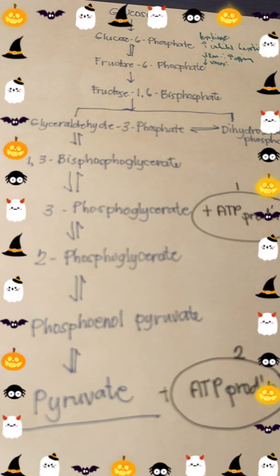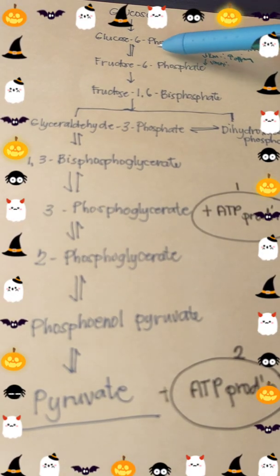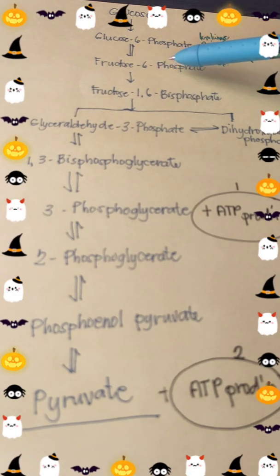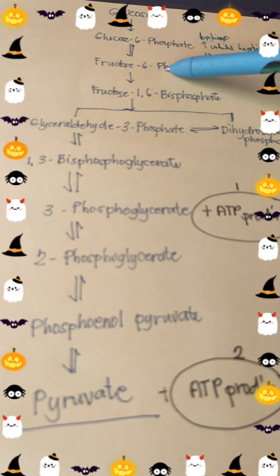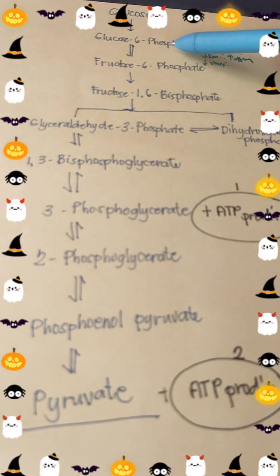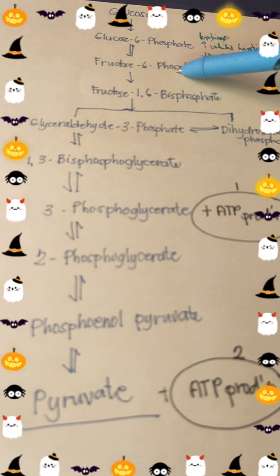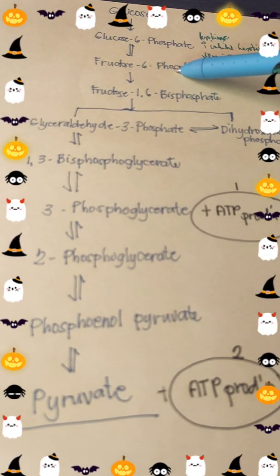Okay? Now, let's proceed. So, you have your glucose 6-phosphate here. It will be converted to, actually, the word is, this will be isomerized to fructose 6-phosphate. Again, your glucose 6-phosphate will be isomerized to become a fructose 6-phosphate.